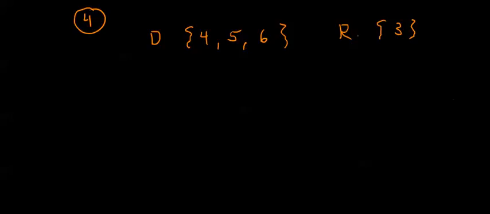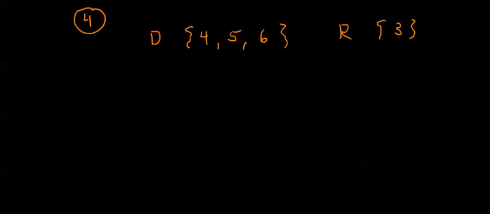X is 5, there's only one choice. If x is 6, there's only one choice. All right? So clearly, if the domain is this, this would be a function. I'm actually a little perplexed by the question, I guess. The domain and range are given.